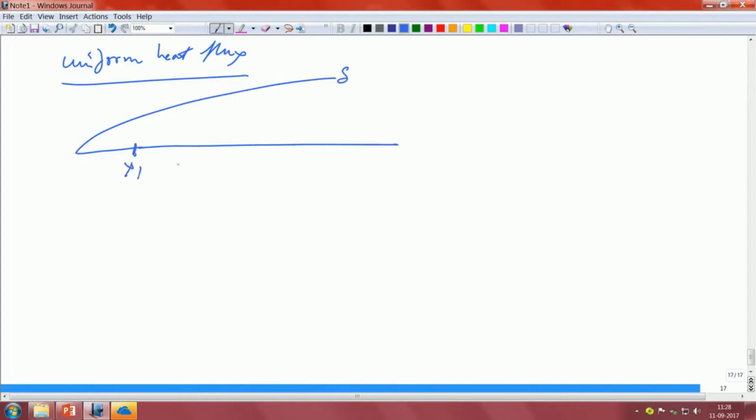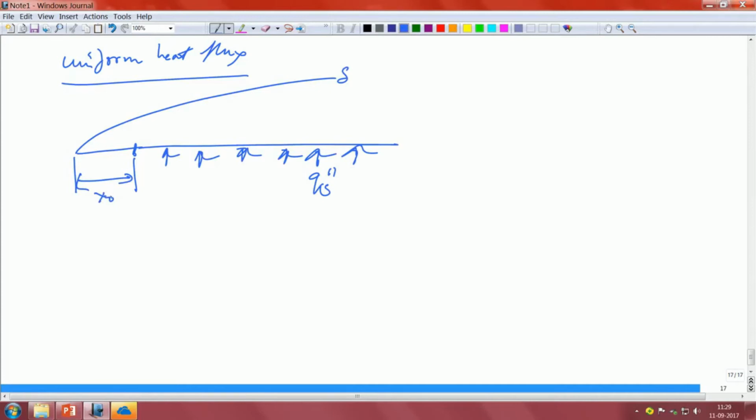From x1, okay, you are pushing in a uniform heat flux, right. Let us call that Qs double prime. So you are pumping in a lot of heat flux, okay. From here to here is x naught, right.